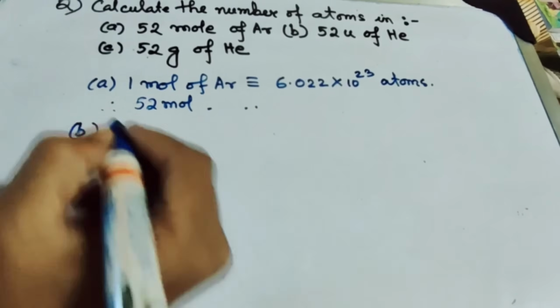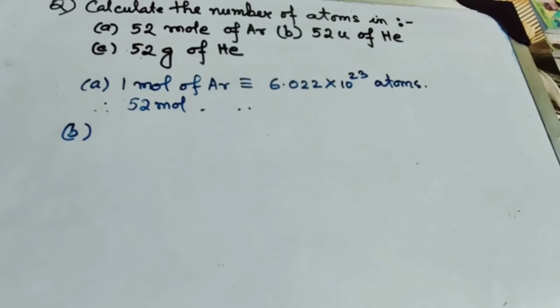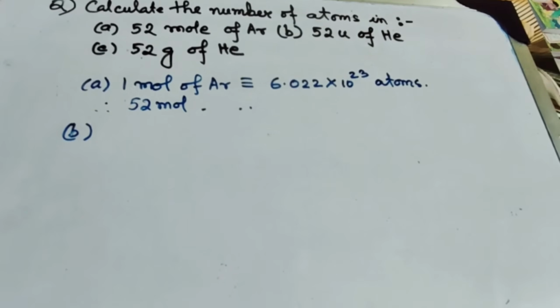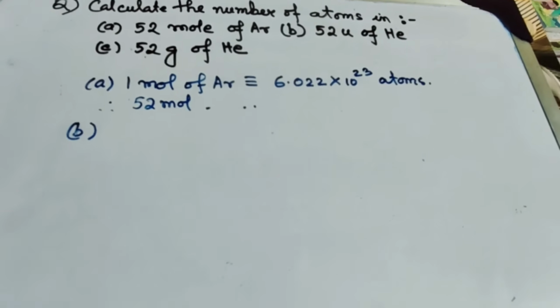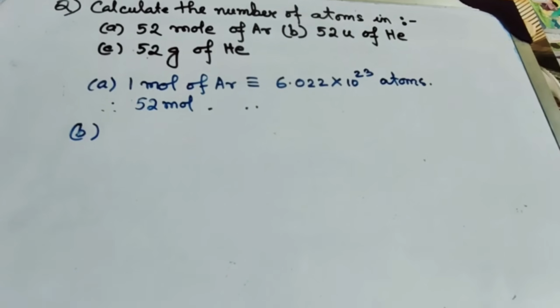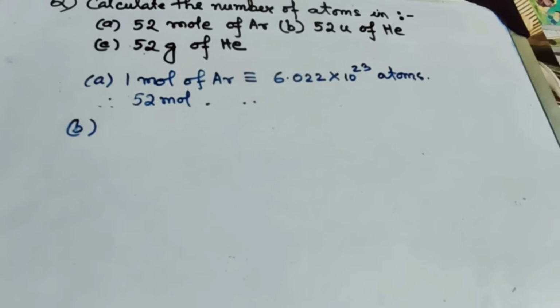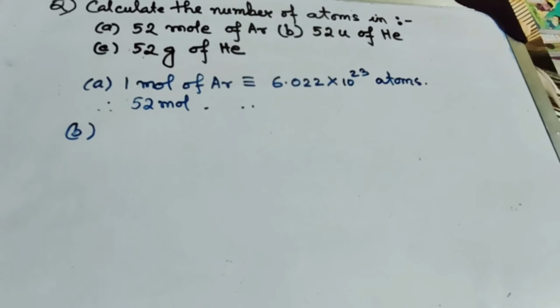Second one. Now here, 52 U of helium and 52 gram of helium, children confuse here. Please keep in mind that U goes for unified mass. It is atomic mass unit.